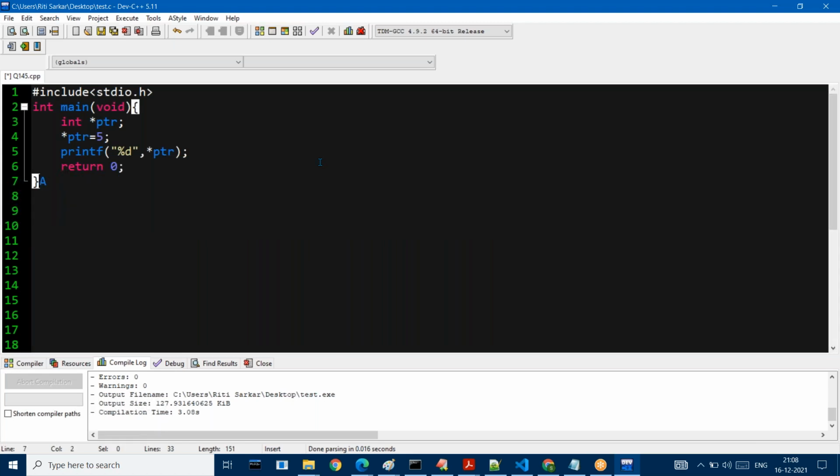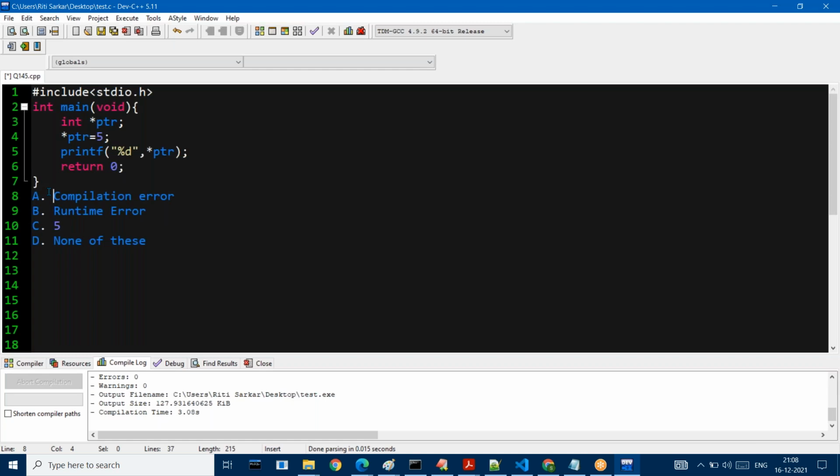Option A, compilation error. Is the code going to give me a compilation error or not? Option B is runtime error. Option C is 5. Option D is none of these. These are my options, right?